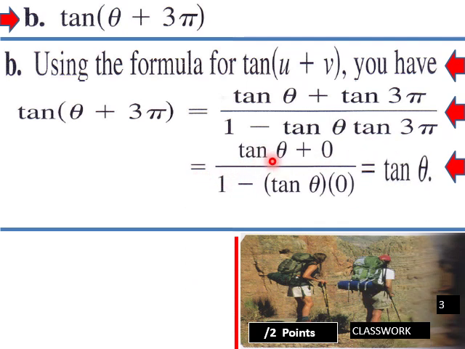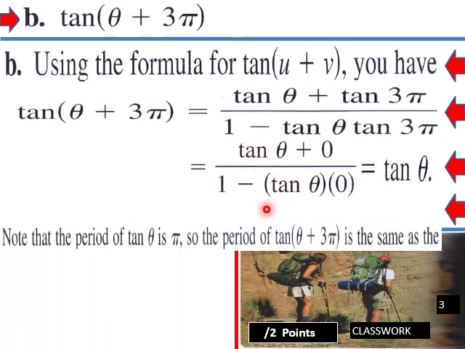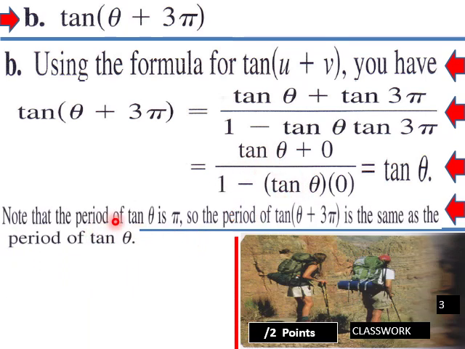So it equals tan theta plus 0, since tan of 3 pi is 0, and then 1 minus tan theta times 0. So it's just tan theta over 1, which equals tan theta. Note that the period of tan theta is pi, so the period of tan of theta plus 3 pi is the same as the period of tan theta.